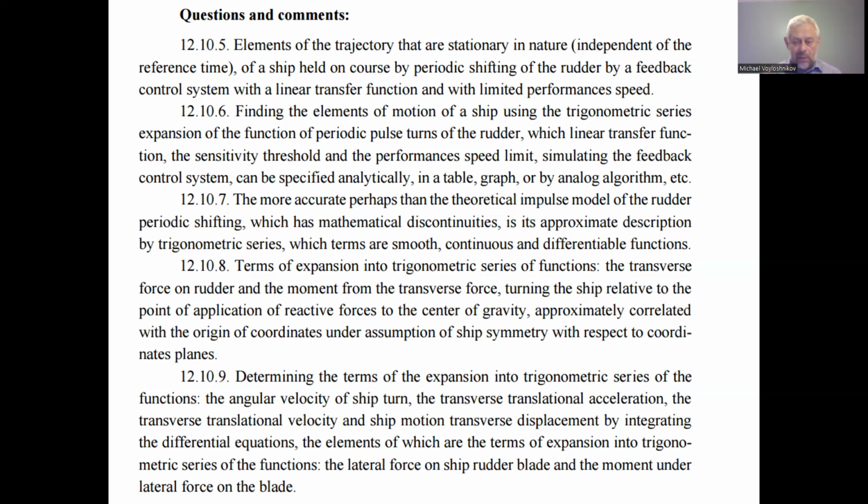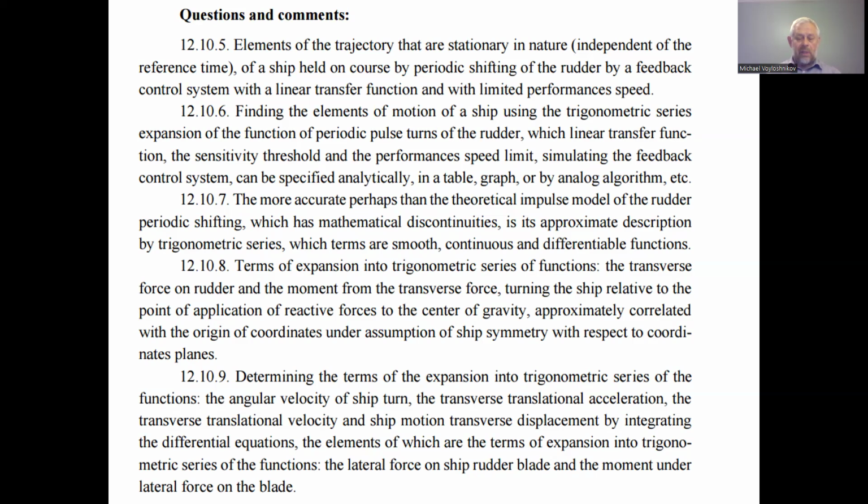After that, having the dependence of the transverse force, we find the rotating moment of the ship from the transverse force, with the arm of minus the length of the ship divided by 2, assuming that the point of application of the force on the ship is around the middle of the ship, and the point of application of the transverse force on the rudder is the location of the rudder astern.